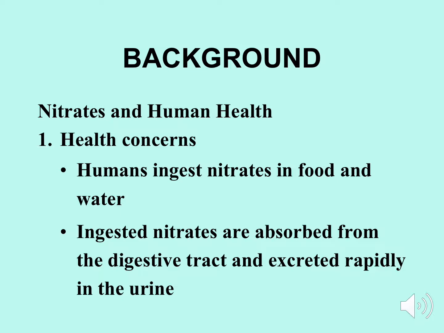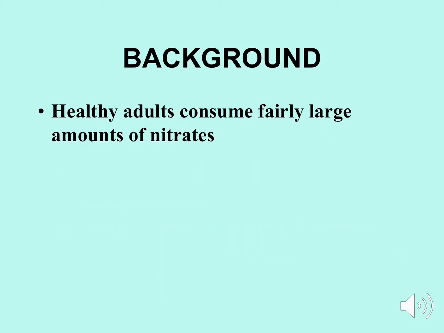So studies have shown that nitrates really have no short-term impact on human adults. So human adults can consume fairly large amounts of nitrates. And again, very few short-term effects have been observed with large nitrate consumption.